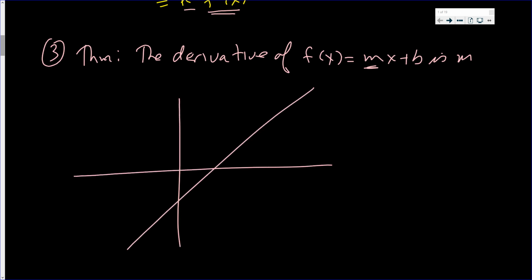You have a line whose slope is m, and you take a point on that line and you compute the tangent line. You draw the tangent line. Well, the slope of the tangent line is also going to be m. Down here, that point, that's the tangent line. The slope is m.